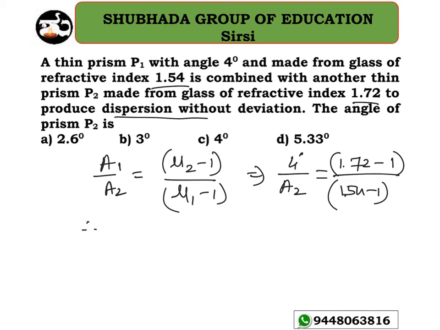So A2 is 0.54 divided by 0.72 into 4, which gives 3 degree. Option B is the right answer for this question.